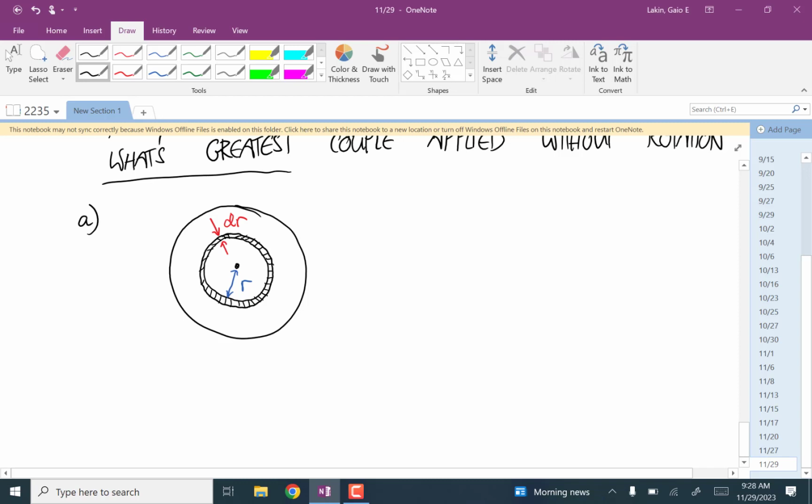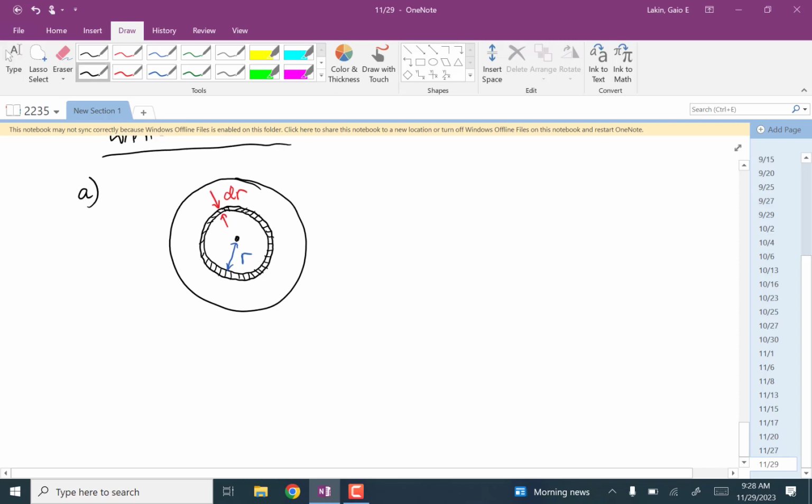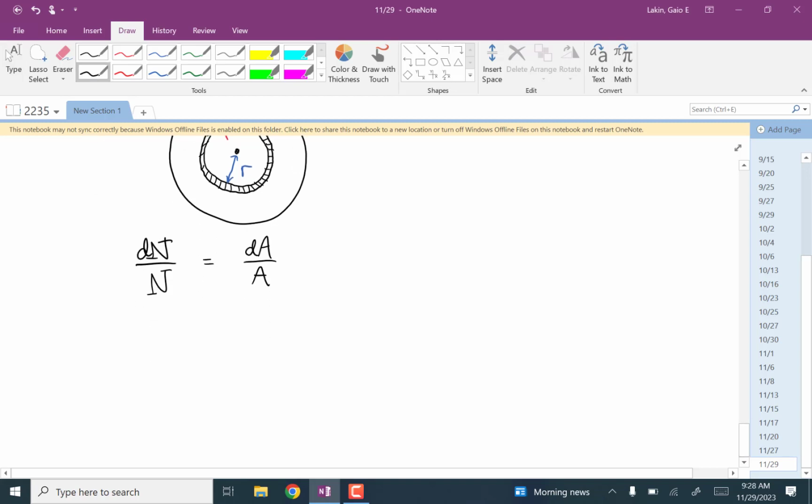And so the first thing we want to do is calculate the infinitesimal normal force. That over the total normal force is dA over A. And so dN is equal to N over A dA.